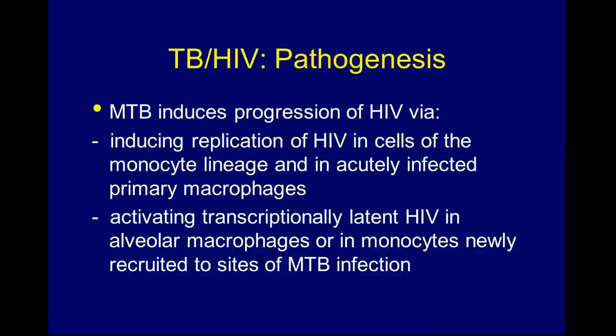How tuberculosis induces the progression of HIV by inducing the replication of HIV cells of the monocyte lineage in the acutely infected macrophages, and how it activates transcriptionally latent HIV in alveolar macrophages and monocytes and recruits them to the site of TB infection.